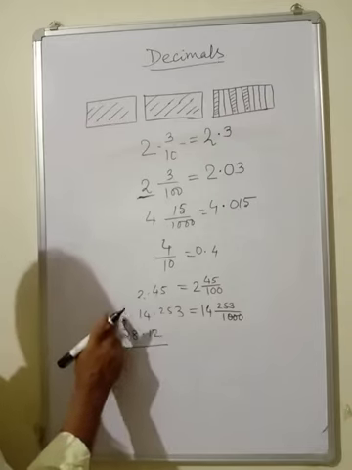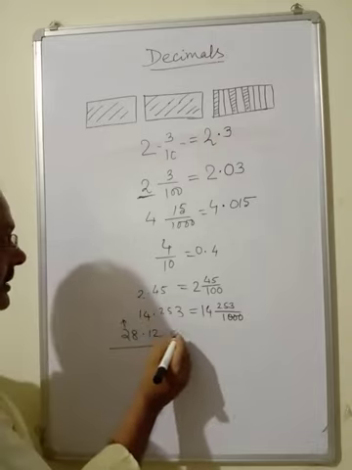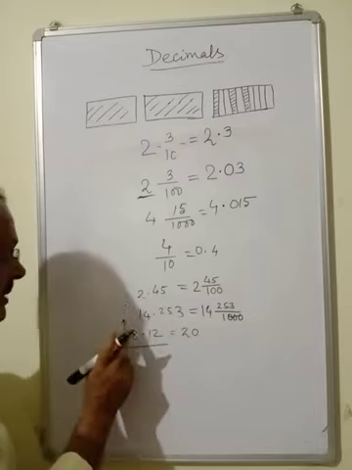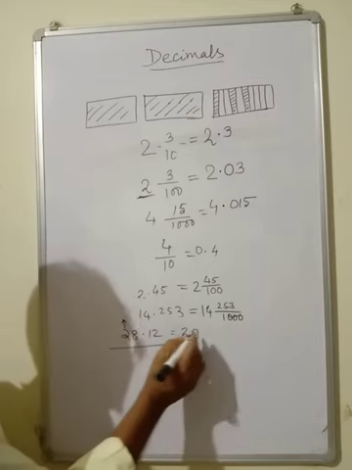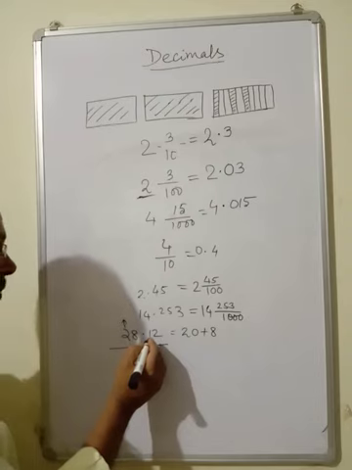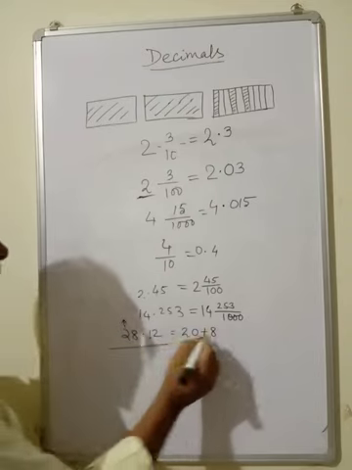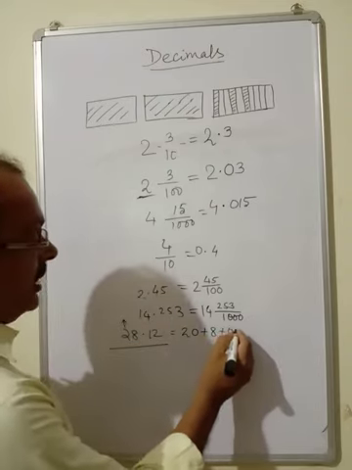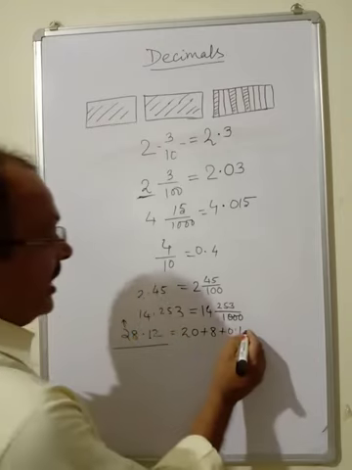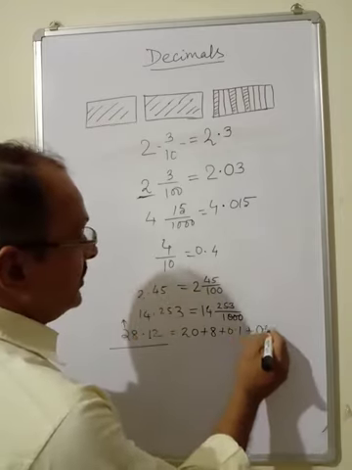So the place value of this 2 is 20. After that, what is the place value of this 8? It is 8. Now what is the place value of this 1? You can write 0.1. What is the place value of this 2? You can write 0.02 here.